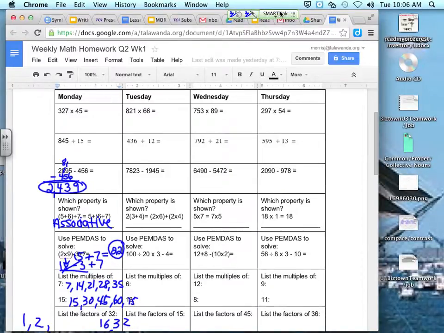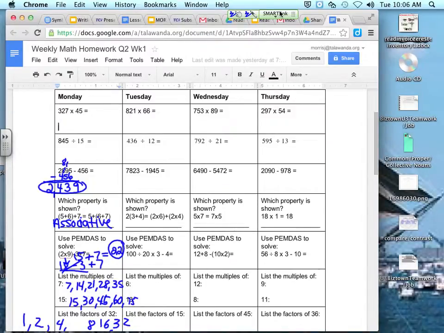So 3 doesn't work. And what about 4? 4 times what, Caitlin? 4 times 8. 5 does not work because you have to end in a 5 or a 0. And then 6 doesn't work. So these are our factors. 1 times 32, 2 times 16, and 4 times 8.